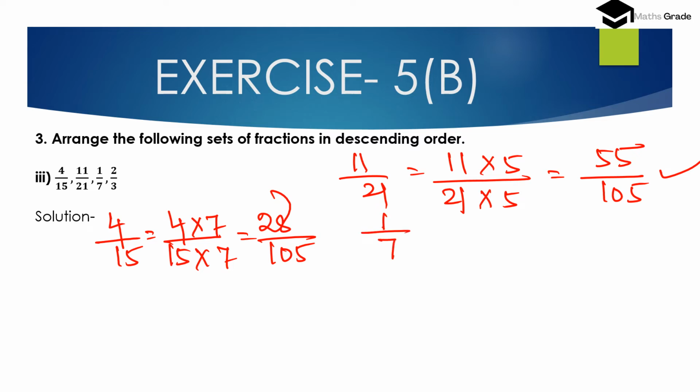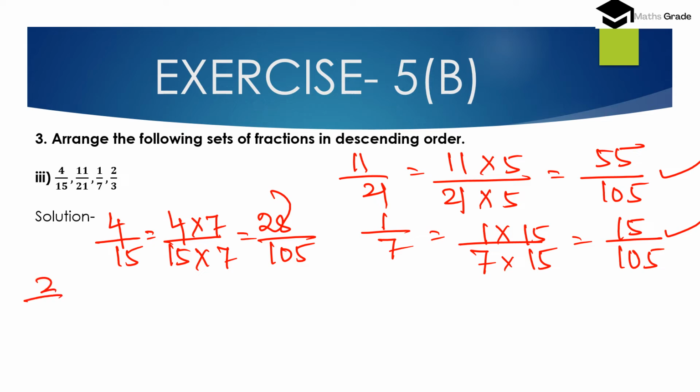Now 1 divided by 7. If we multiply the denominator 7 with 15, we get 105. So we have to multiply the numerator 1 with the same number 15, that is 1 multiplied with 15 is 15. Now convert the fraction 2 divided by 3 into an equivalent fraction.